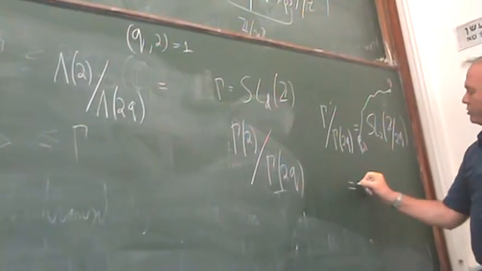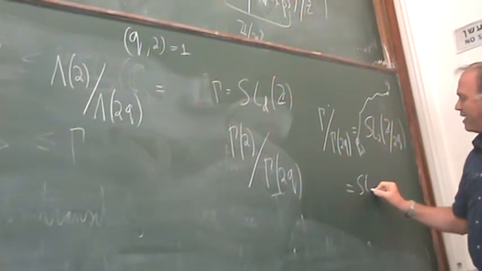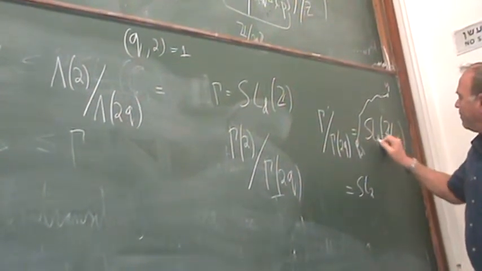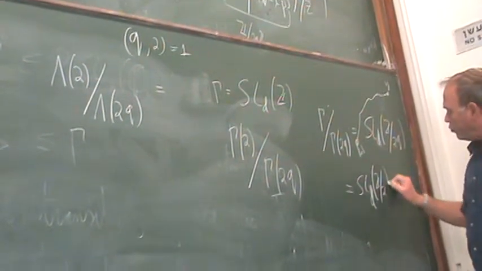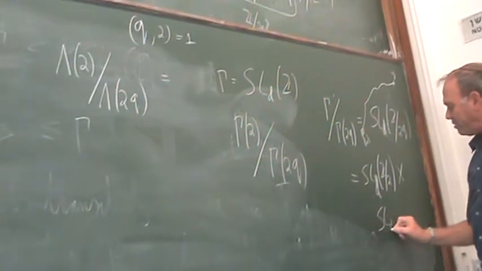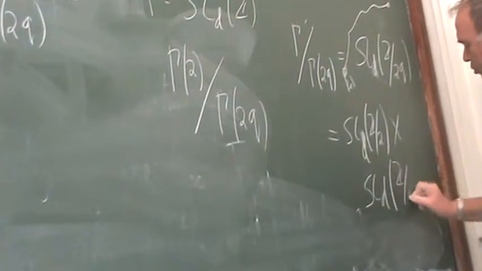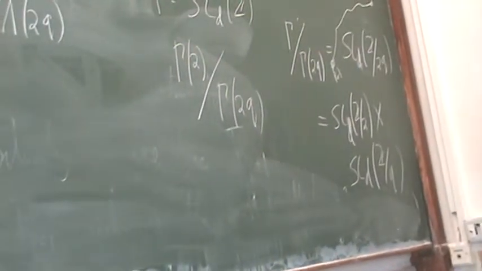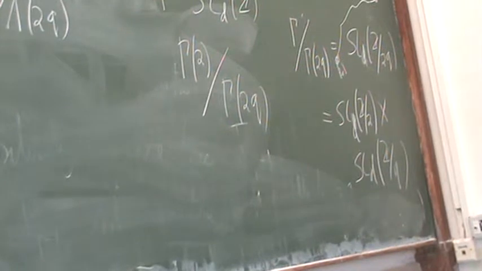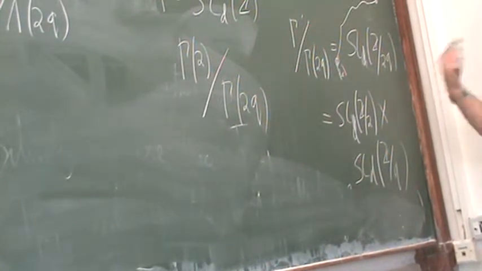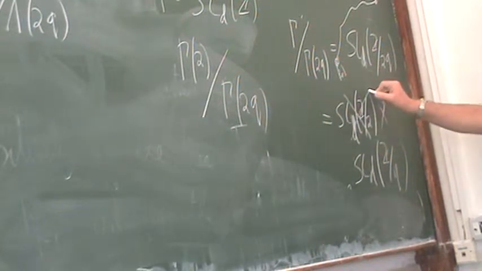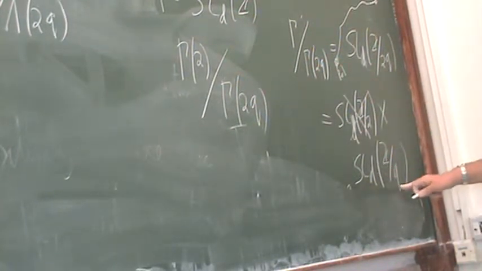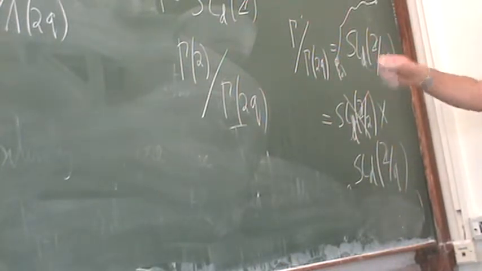And by the Chinese remainder theorem, this is SLD of Z mod 2 times SLD of Z mod Q. Right? But if you take the congruent subgroup mod 2, you kill this part, and you start only with this.